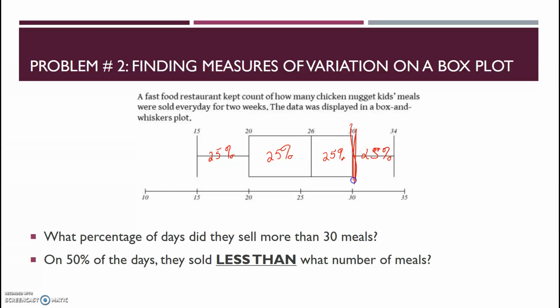Well, here's 30 meals. What percentage is more than that? 25%. And 50% of the days they sold less than what number of meals? Well, we need to find 50%, the lower 50%, which is here, 25 plus 25. So the answer would be 26.